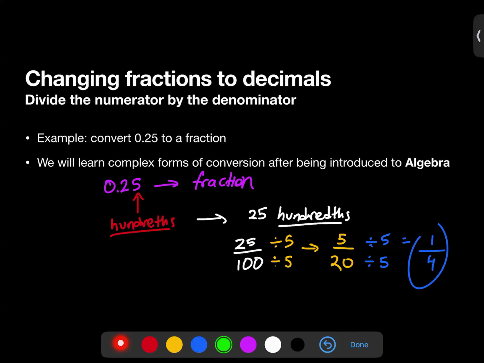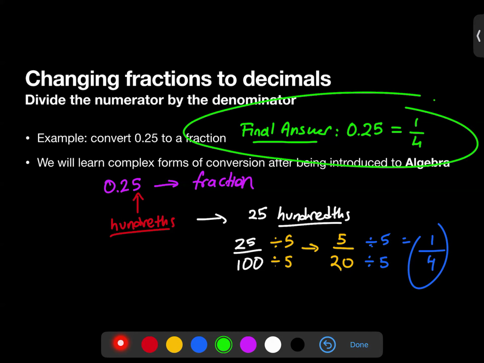So our final answer is 0.25 equals 1 by 4. So does everyone understand that so far? Okay, good.